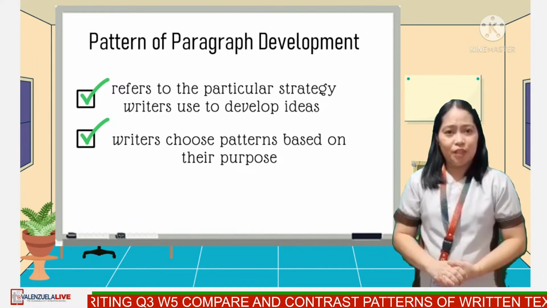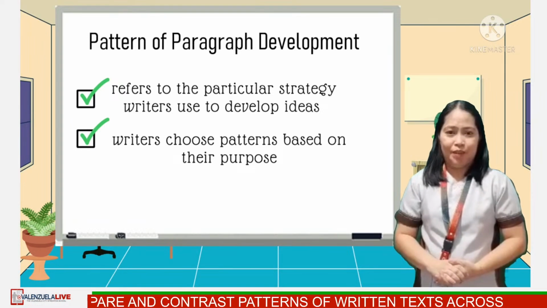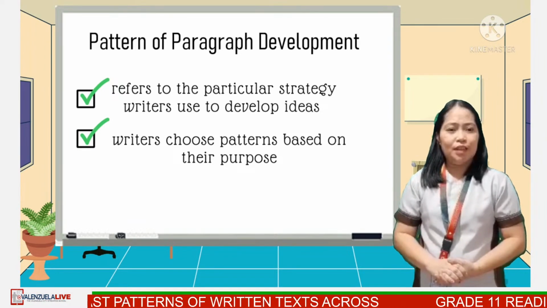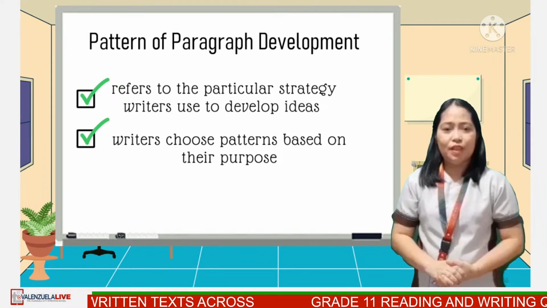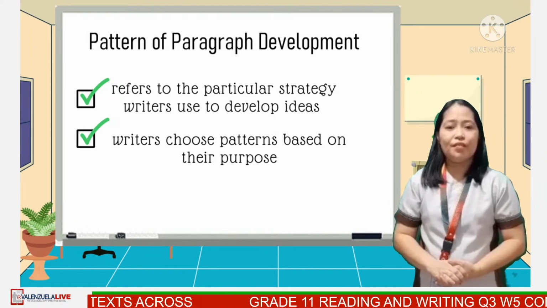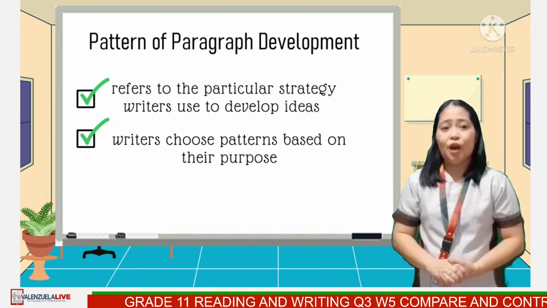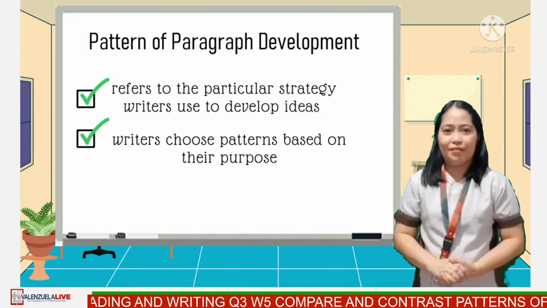Another way to consider in developing a paragraph is the purpose of the writer. Is the writer's purpose to compare and contrast, to narrate an event, to define a term? Each of these purposes suggests a method of organization or arrangement. In this learning session, we will focus on the discussion of the different patterns of paragraph development.